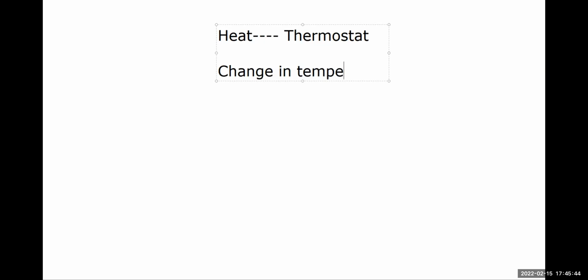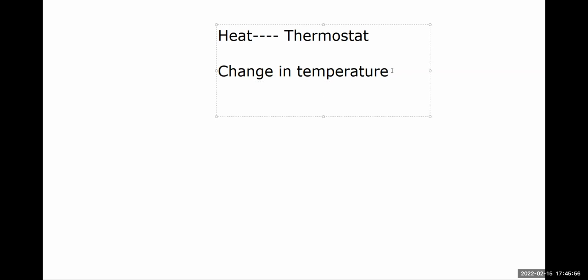So I used the word heat. PCR is nothing but a thermocycler. What is a thermocycler? There is a change in temperature. Why is there a change in temperature?